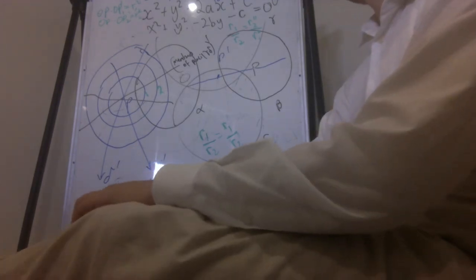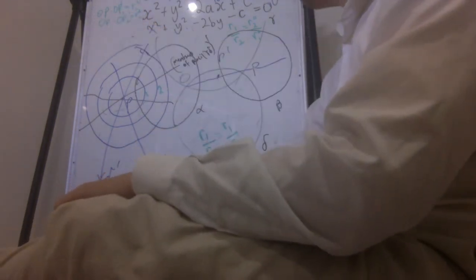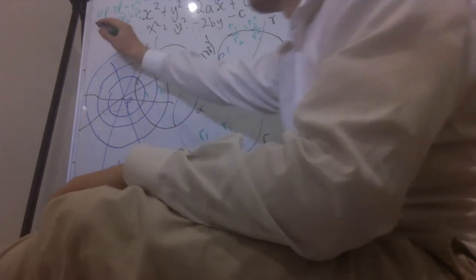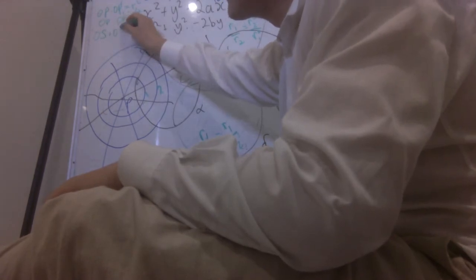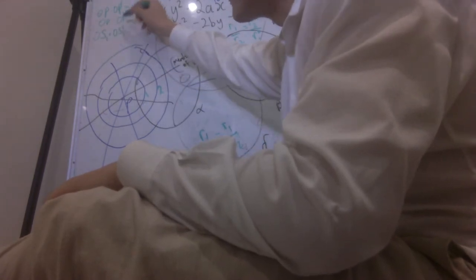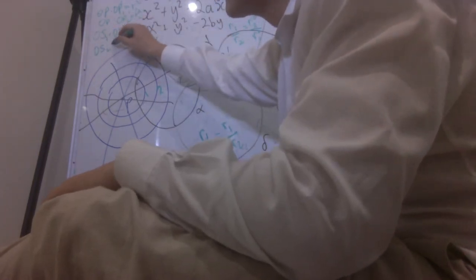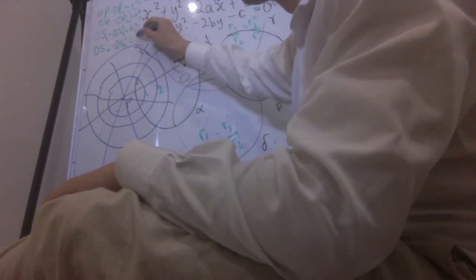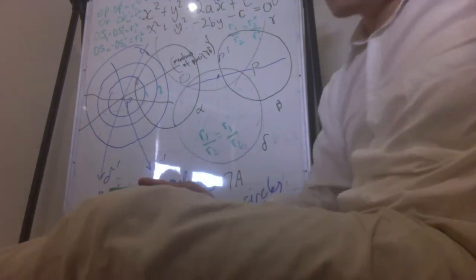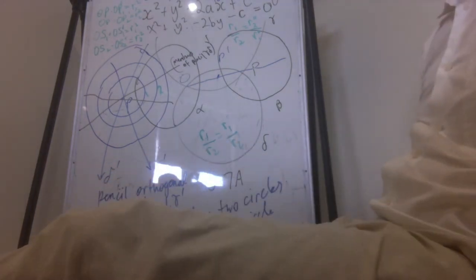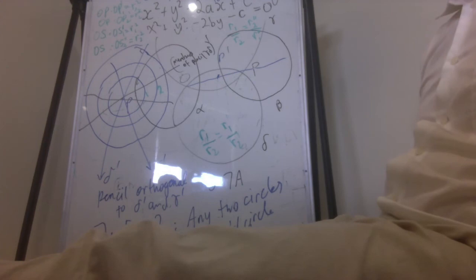So it's saying any inversion, not just for P, but for any point whatsoever. So like S: OS1 prime times OS equals R1 squared, and OS2 prime times OS equals R2 squared. The S is the same.